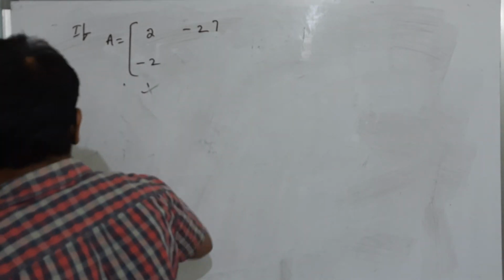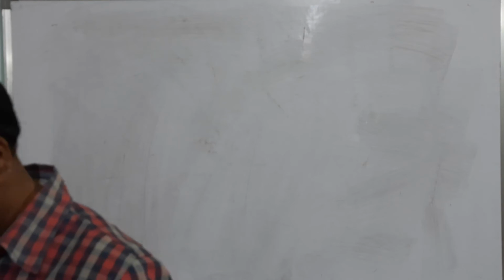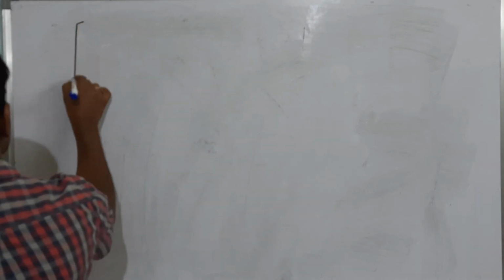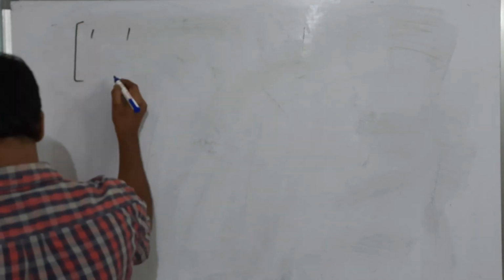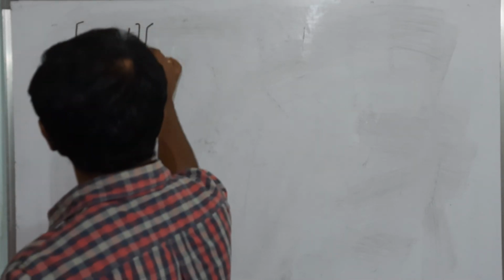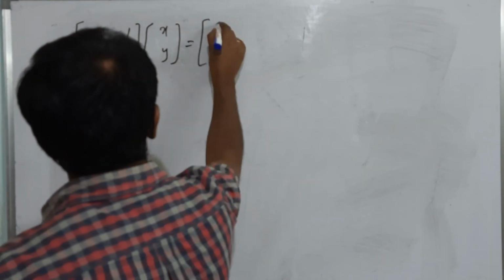Next. One more problem you see. So here this problem they given the matrix 1 1, minus 1 1 into x y equal to 2 4.